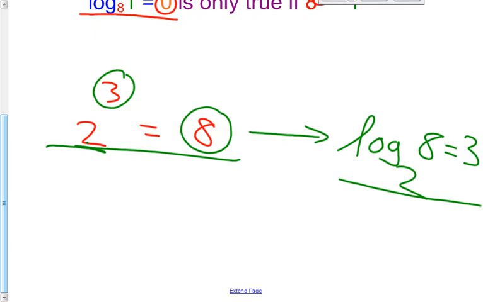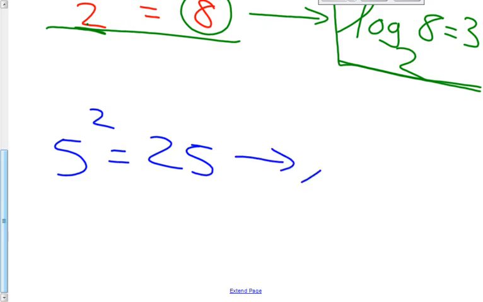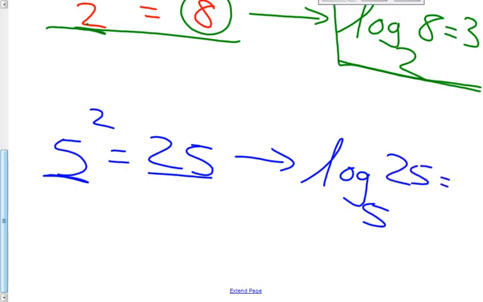Mathematicians have written it this way to help us solve exponential equations, and you're going to see that coming up in this section. Let's do 2 more example problems so you can kind of get used to it. If we have 5 squared equals 25, this is a true statement. If we write this in logarithmic form, it's a log with the same base, so log base 5 of the number on the right, so log base 5 of 25, that equals my exponent, which is 2.